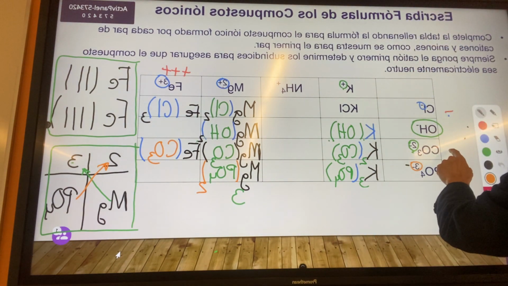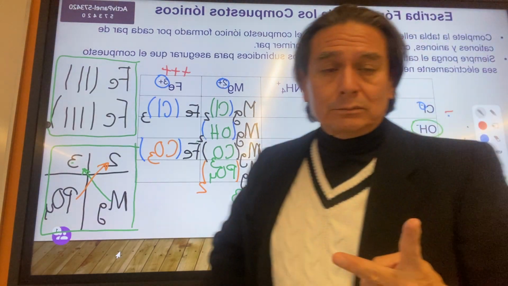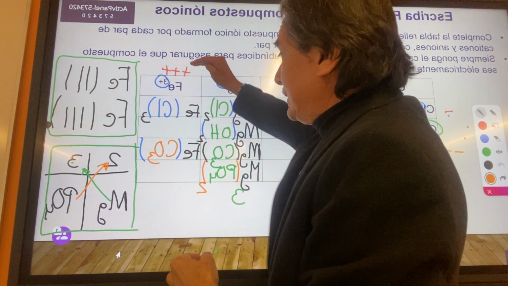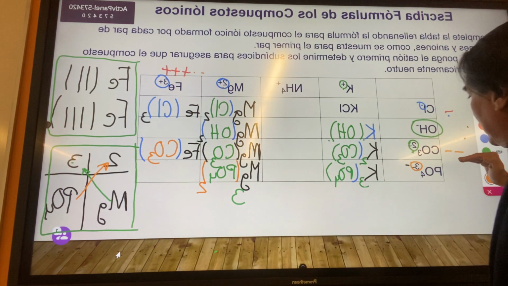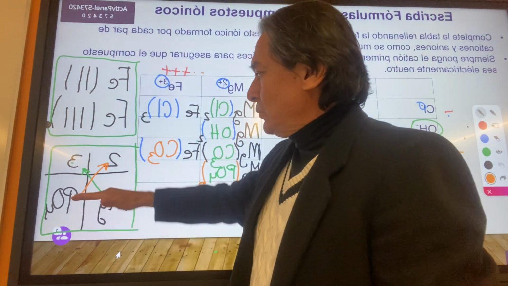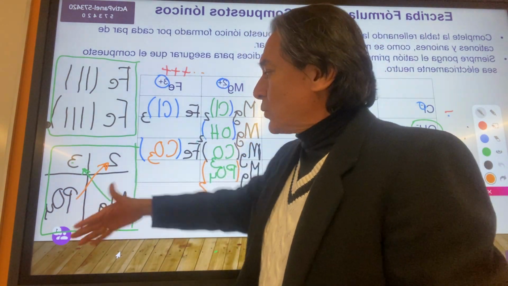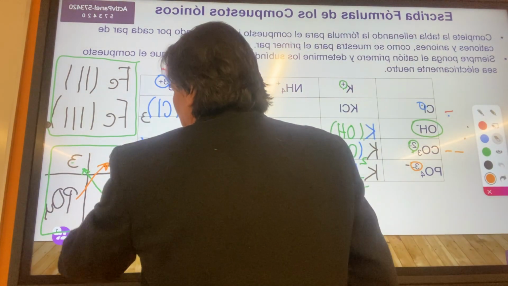The carbonate has 2, will accept 2. Notice how now we have the same situation again. Iron has 3, carbonate has 2, and now we can use this method to arrive at the correct ionic formula.